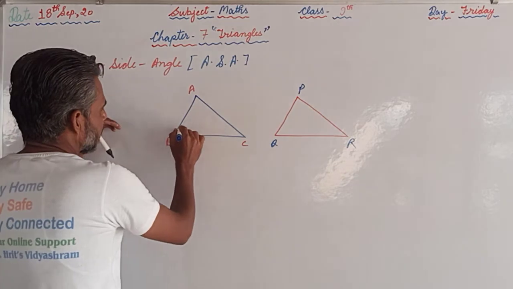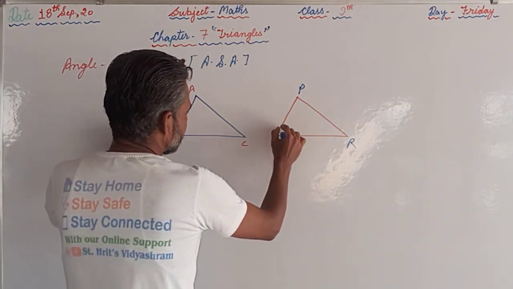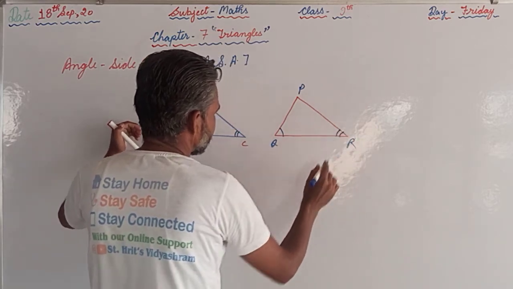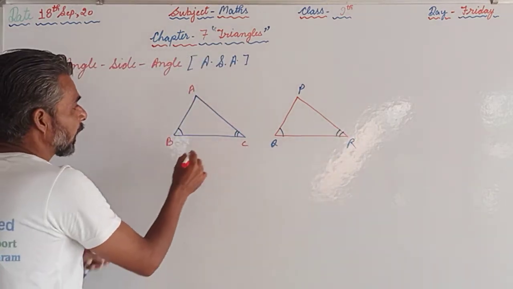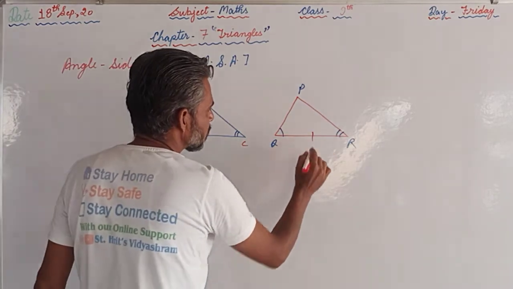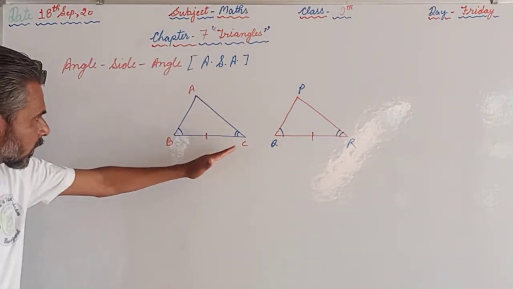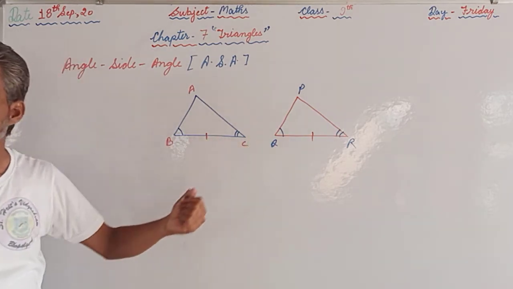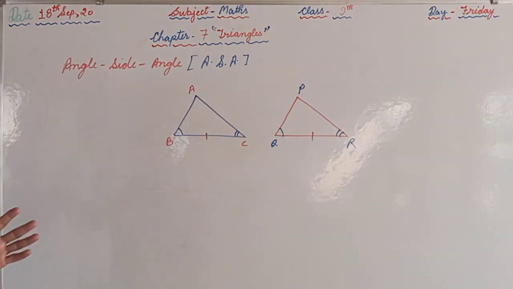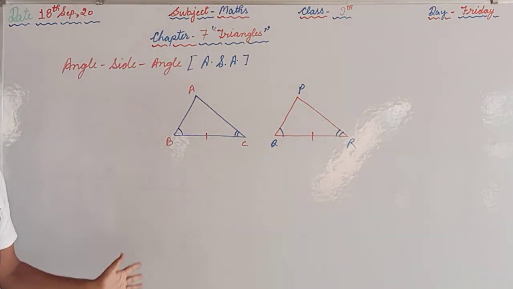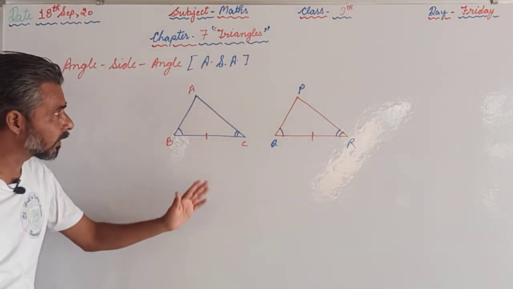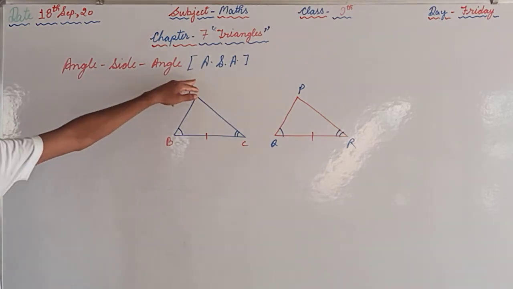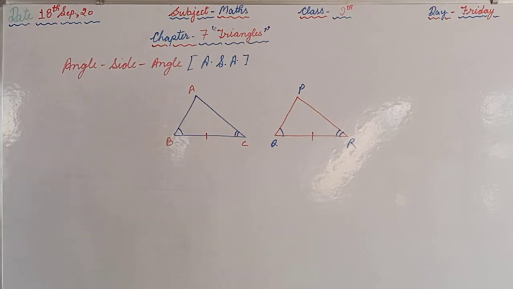If two angles are equal, means suppose this angle is equals to this angle and this angle is equals to this angle, and their including side is also equal. Two angles are equal because the side is in between the angles. So, two angles and the including side. In the previous case, the including angle was equal. Here, the including side is given equal, then we can say the triangles are congruent by the criteria angle, side, angle.